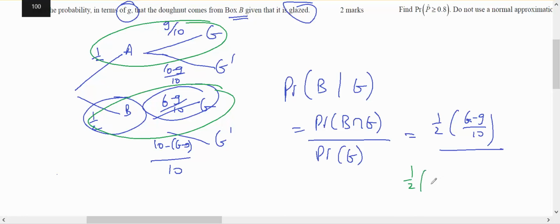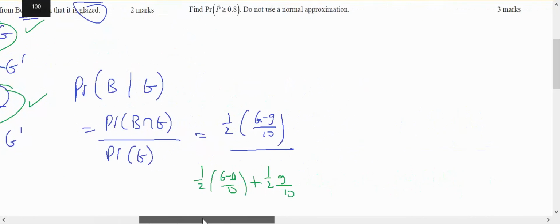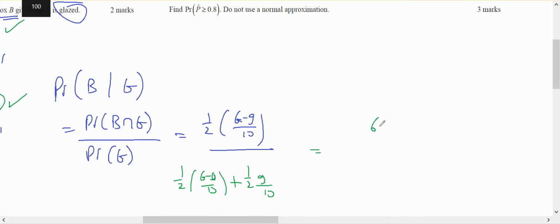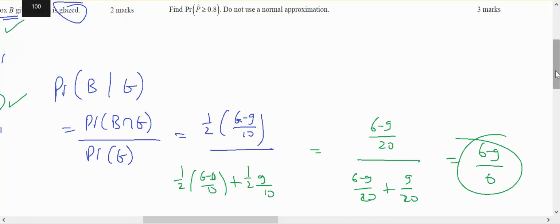So 1/2 (6 minus G) on 10 plus 1/2 G on 10. There are 2 ways that glazed can occur, so it's these 2 events. So I've got (6 minus G) on 20 over (6 minus G) on 20 plus G on 20, which is (6 minus G) on 6. And that's my answer to part B.